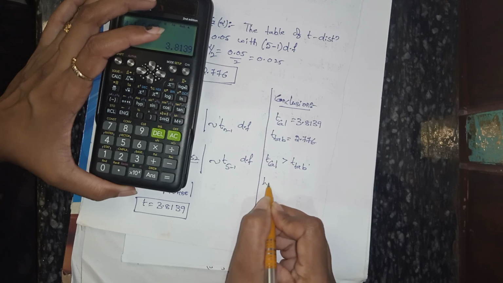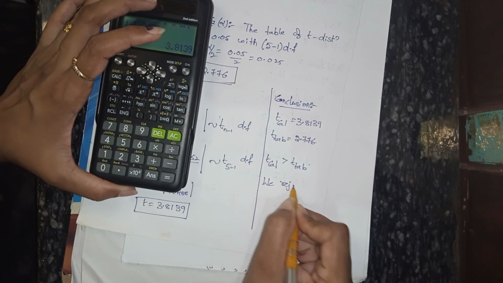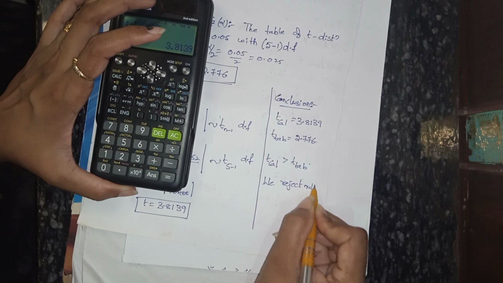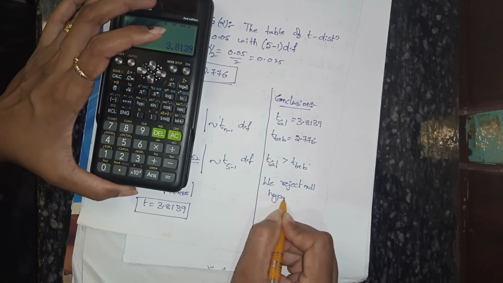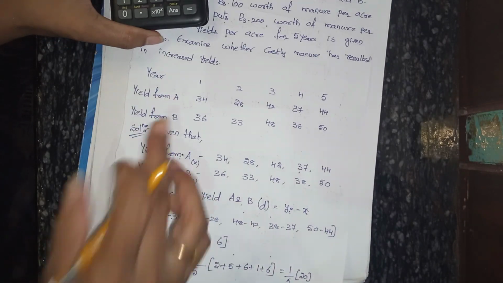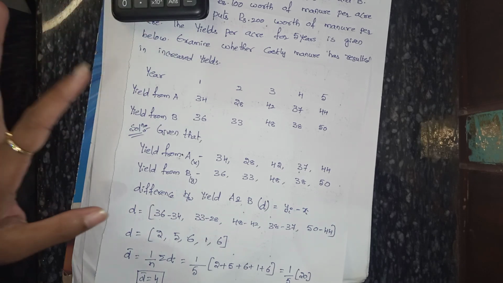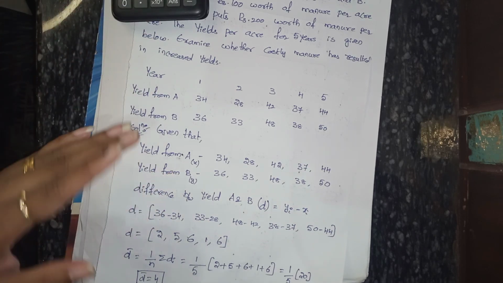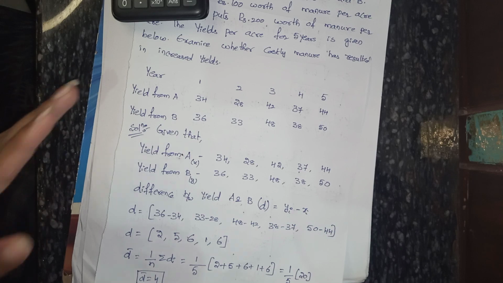We have to reject the null hypothesis. What is the null hypothesis? What do we take here? The two fields' yield is the same, we consider. Alternate: the two fields' yield is not the same. Here we reject the null hypothesis.